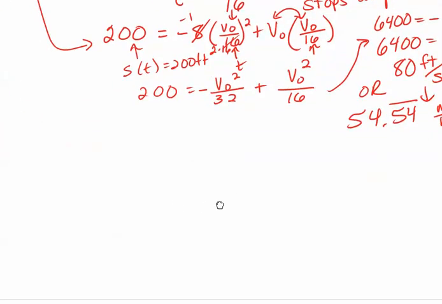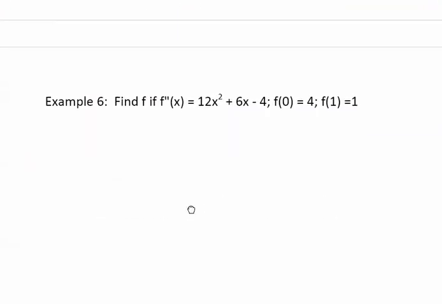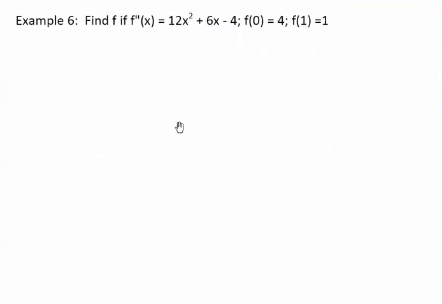All right, well, we'll have to practice that one again. See if I can make that sound a little easier for you. All right, here we're starting with the second derivative, so let's do an antiderivative. We're going to raise the exponent, divide by that 3. We're going to raise this exponent, divide by 2.